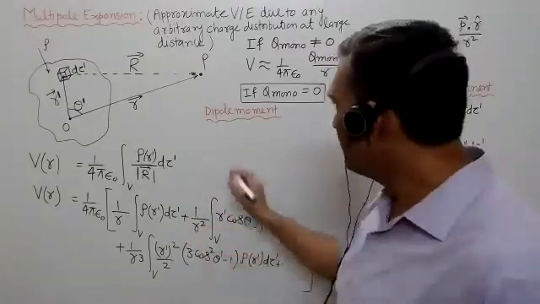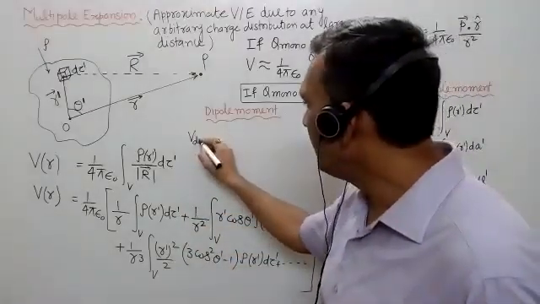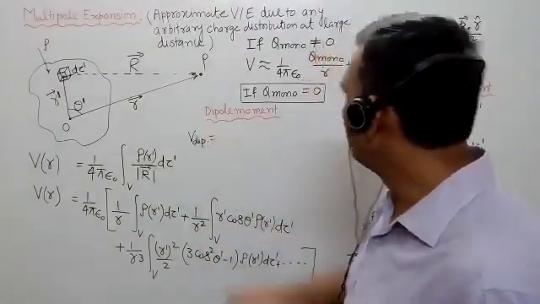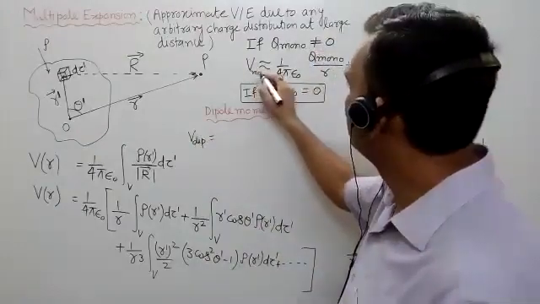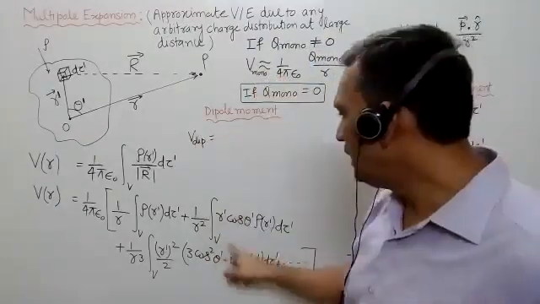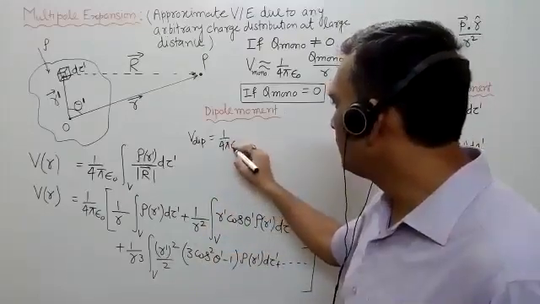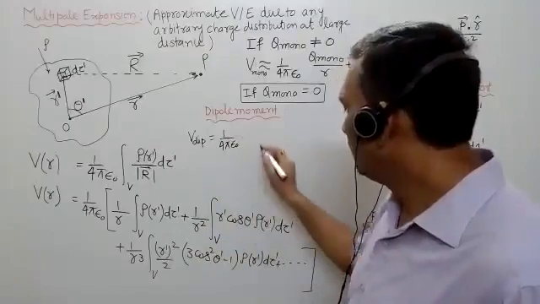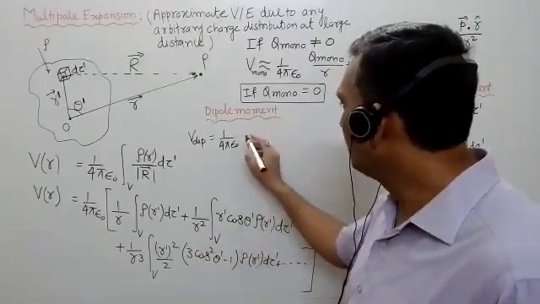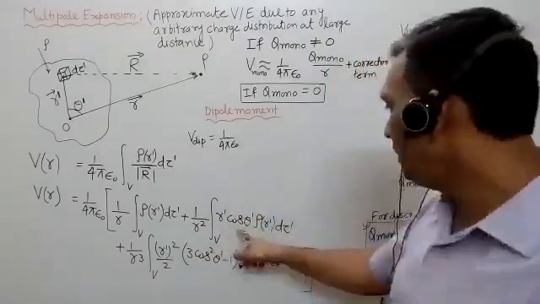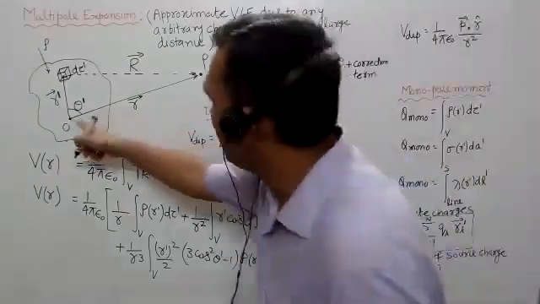So from this expression, let us write the V dipole. This is V mono. So V dipole will give you the second term. So you can write 1 by 4 pi epsilon 0, and let us see what will be from this relation.